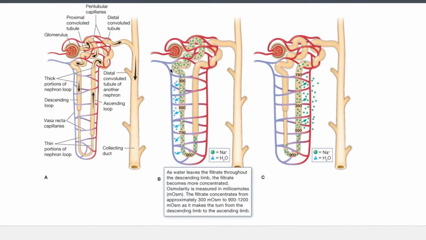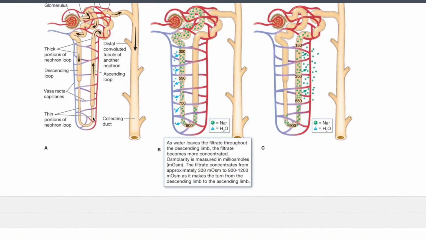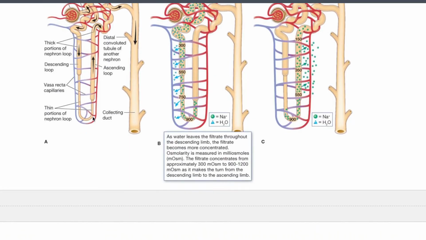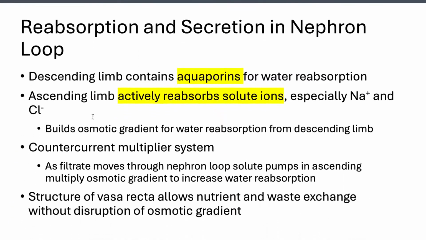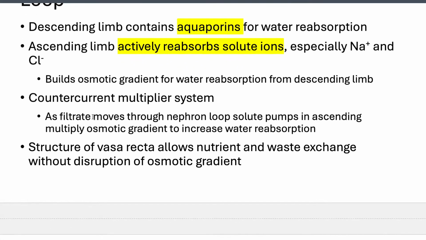Before, when I was getting confused, I was trying to say that the ascending limb grabs a lot of water, but it's not that. It's actually the opposite. It's not grabbing any water. It's grabbing solutes. It was the opposite. Builds. All right.